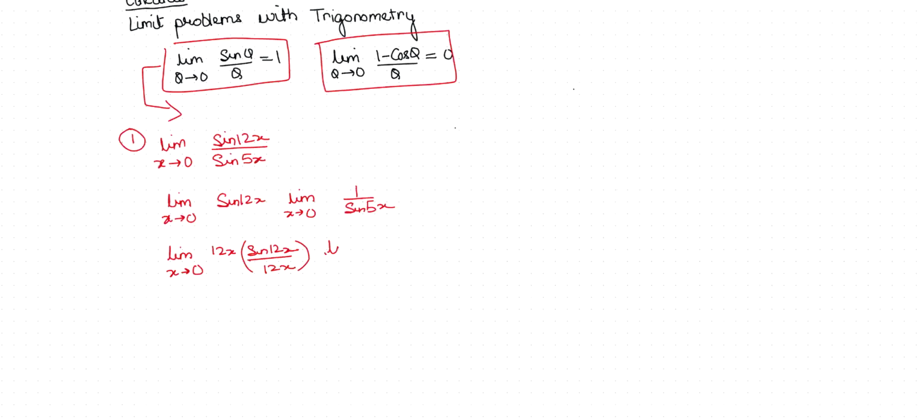And this gives limit x tends to 0, and this is 1 over 5x. So we basically will divide and multiply by 5x.